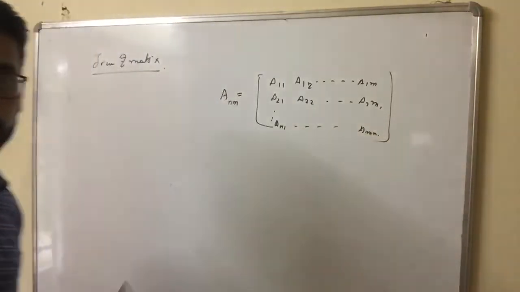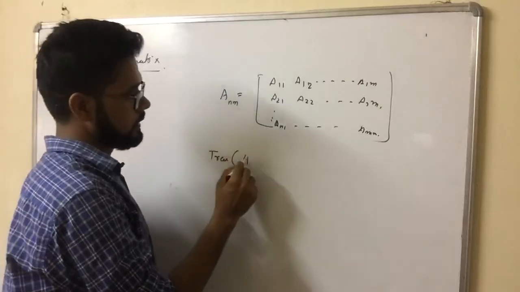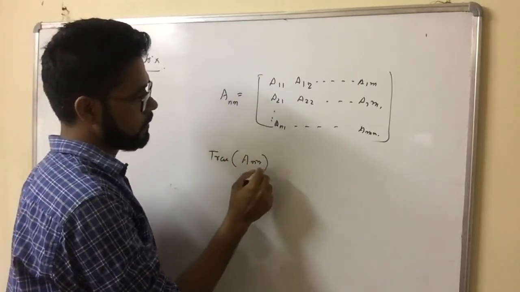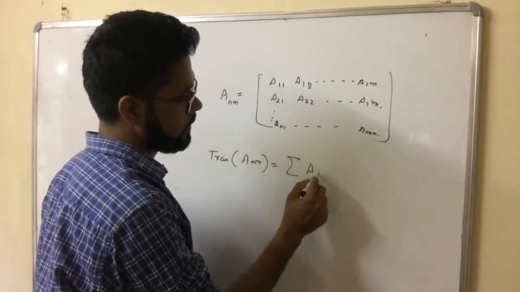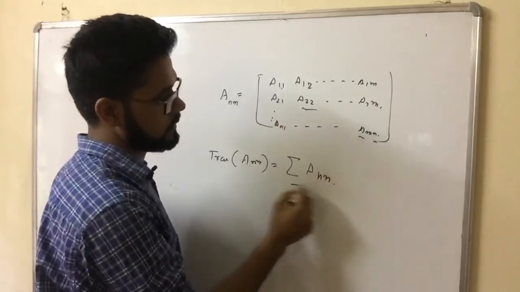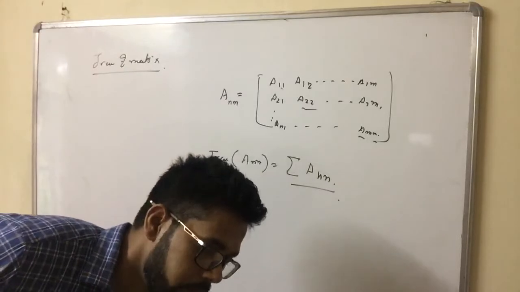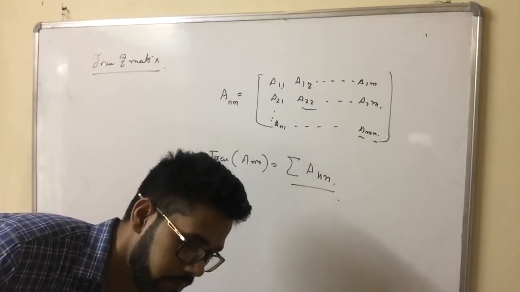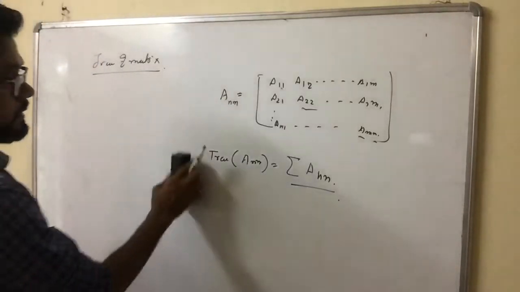Is it clear? So the trace of a matrix A is equal to the sum of all diagonal elements: the sum of all n diagonal elements, 1-1, 2-2, 3-3, like that. These are the diagonal elements. This is one property of the trace of a matrix.